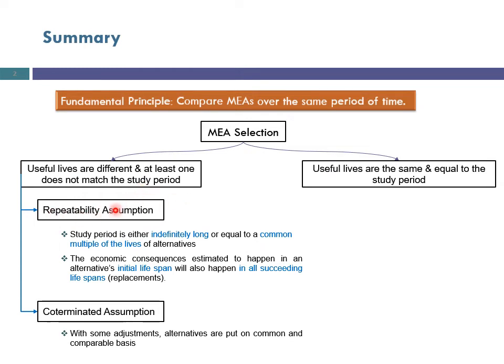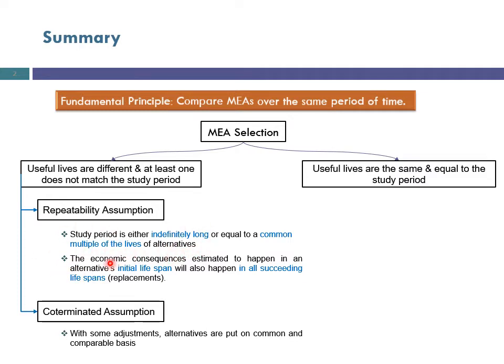The repeatability assumption says that you can repeat the same project after its useful life. You can continue repeating the same project, and in order to be able to apply this assumption, either the study period should be indefinitely long or the study period should be equal to a common multiple of the useful lives of the alternatives.